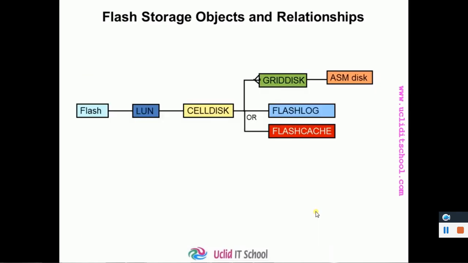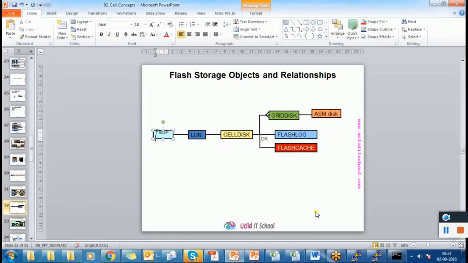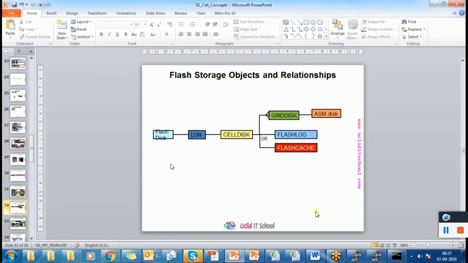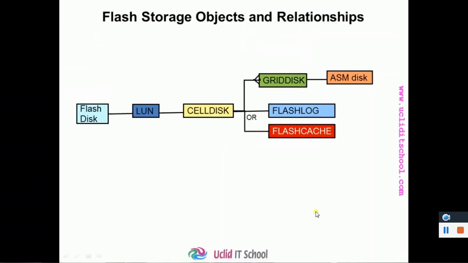Now, instead of hard disk, you may use a flash disk also, right? You may use flash disk or flash storage. So in that case, how is this flash disk or flash storage used? Because Oracle can use flash storage in different ways. Hard disk is ultimately used as an ASM disk to create ASM disk groups. Now when it comes to flash storage, again every flash disk is exposed to the Exadata storage server as a LUN.